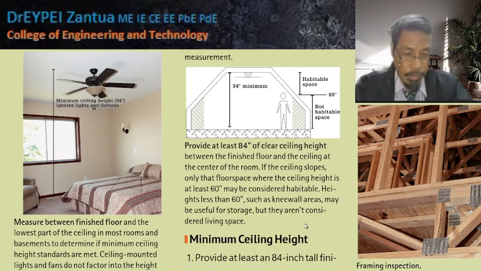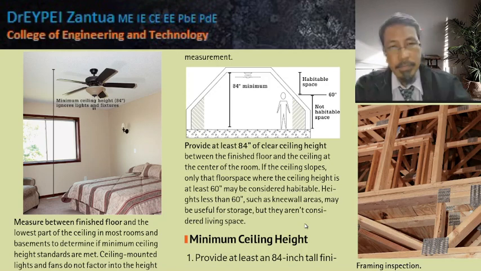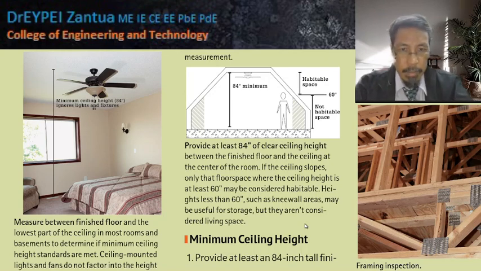So 1.5 meters and above, that is habitable space. If the ceiling is less than 1.5 meters, then that is not habitable. Okay, that is the condition.